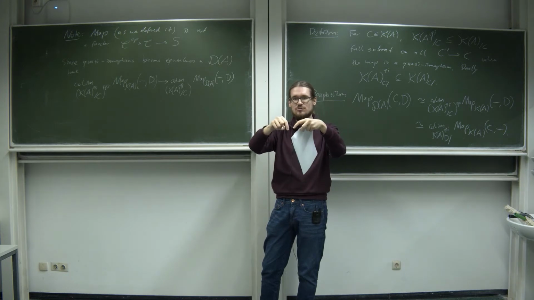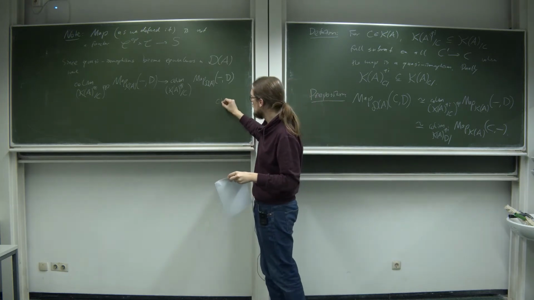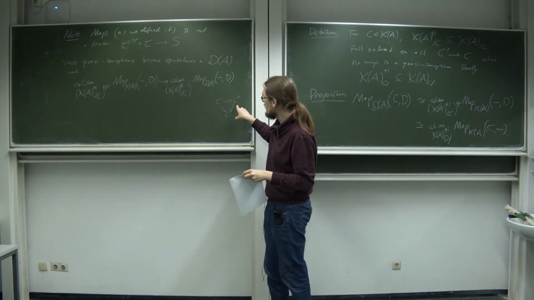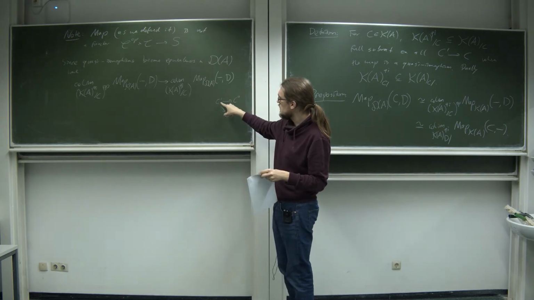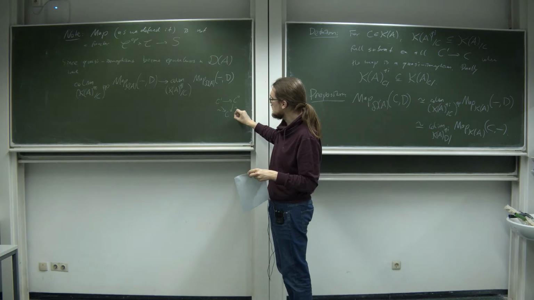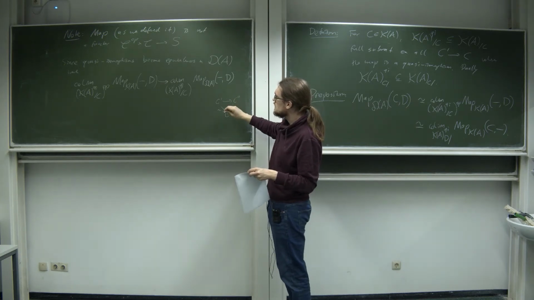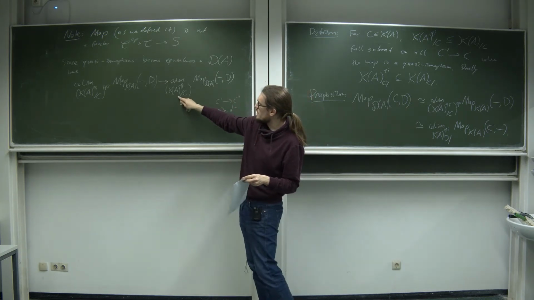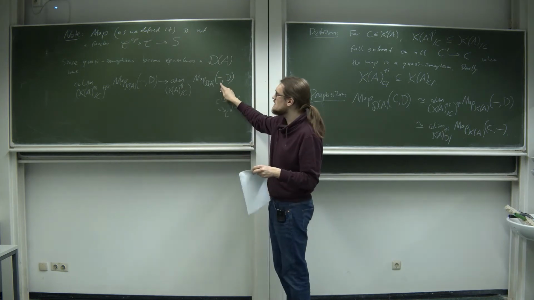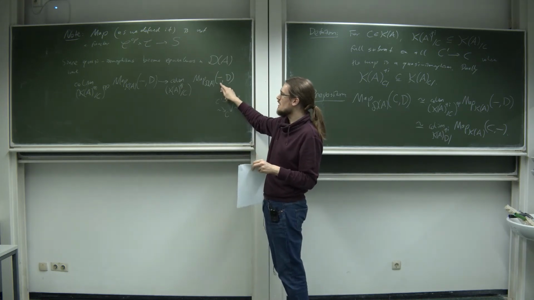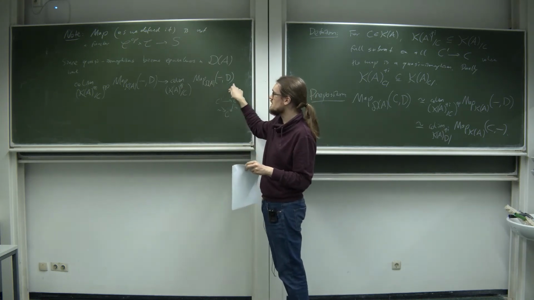And since quasi-isomorphisms have some 2 out of 3 property, if I have a map like this, then if these two are quasi-isomorphisms, this is one too. So every map in here induces a homotopy equivalence on mapping spaces, right?